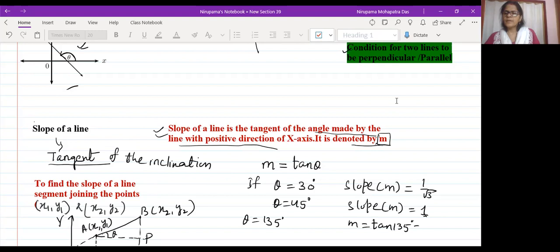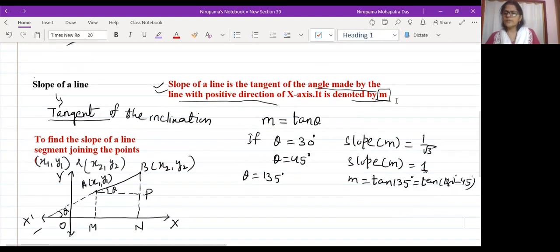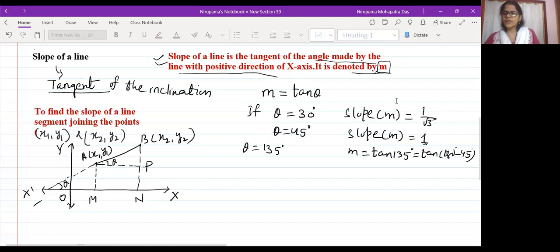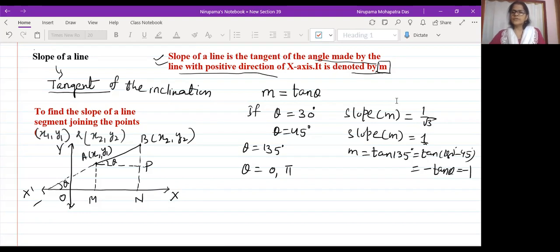It means tan of 180 minus 45, which means tan of pi minus theta, which is minus tan theta. So it is minus 1. Okay, if theta equals 0 or pi, that is 0 degrees, 180 degrees or 0 radian, pi radian.